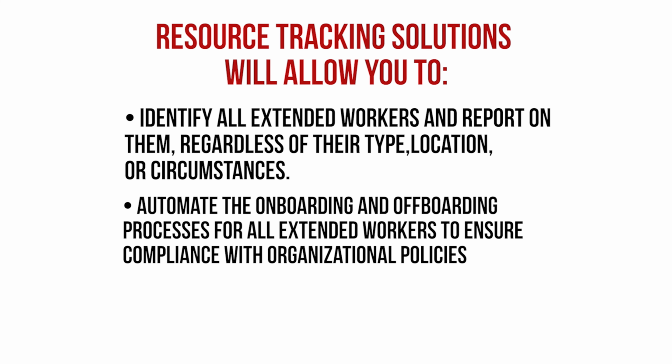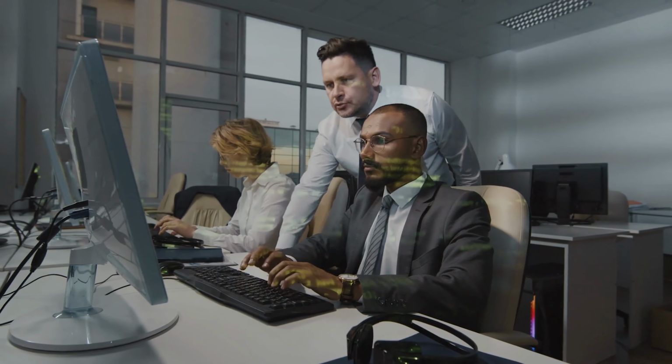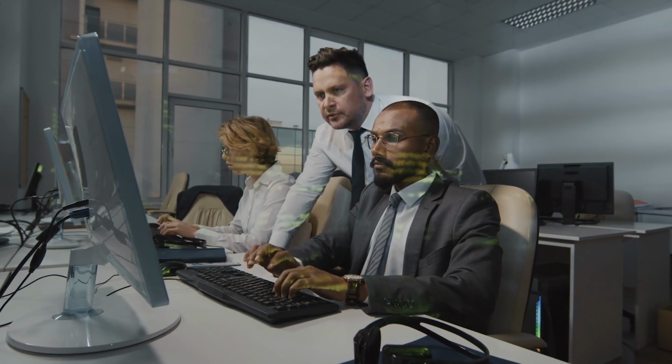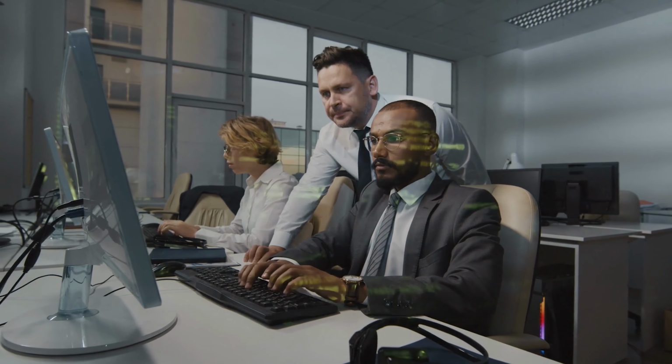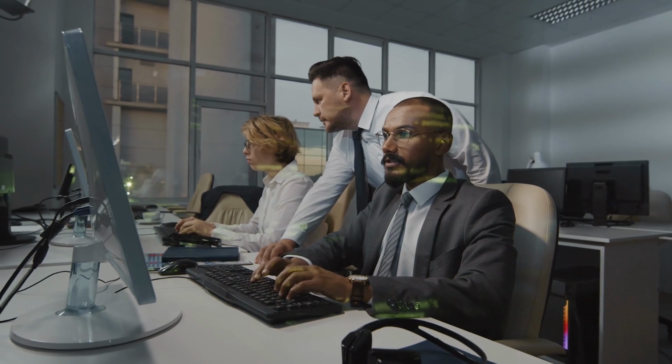Automate the onboarding and offboarding process for all extended workers to ensure compliance with organizational policies, mitigating tenure, access, and other policy risks associated with previously untracked resources. By integrating HRIS security and access systems, duplicate and manual data entry can be reduced.